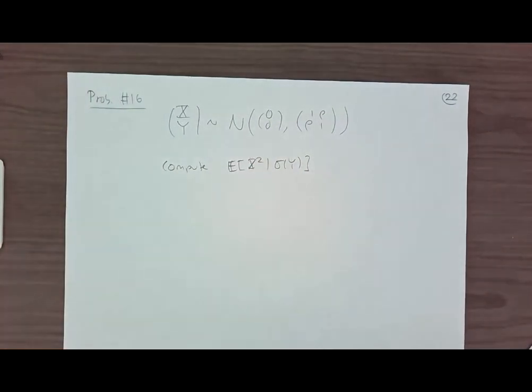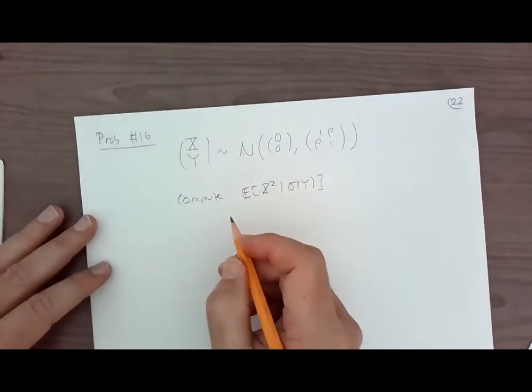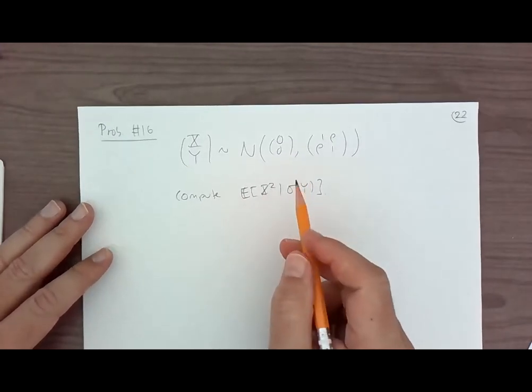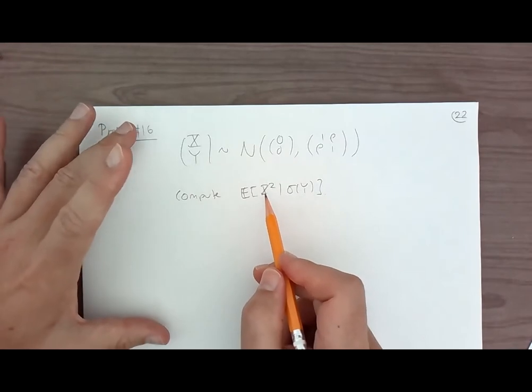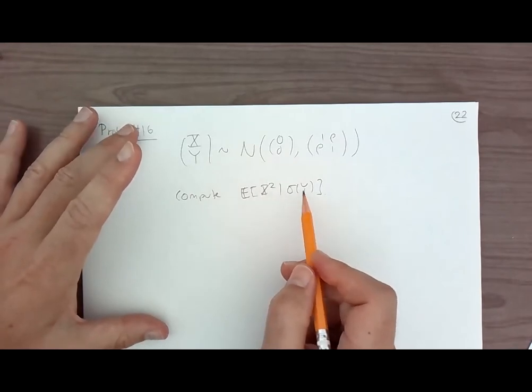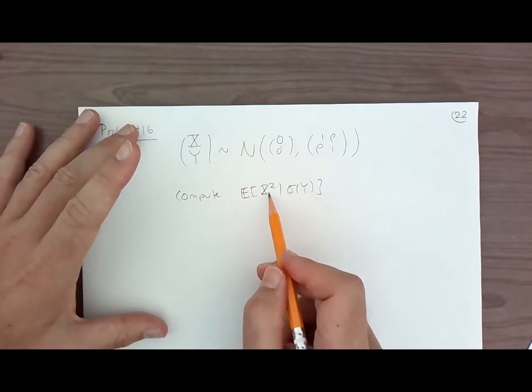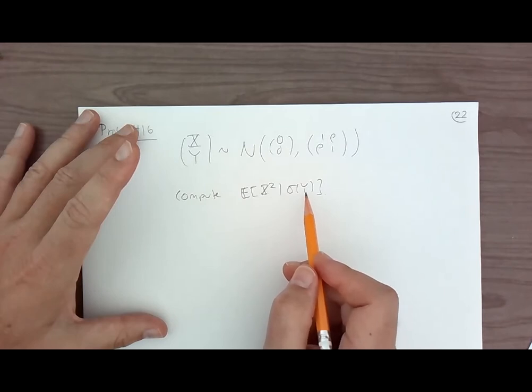We have seen stuff like this in class, that we could decompose x. It's quite similar to what we've seen in the binomial model. We need to be able to express x in terms of something that involves y, and then something that is independent of y.